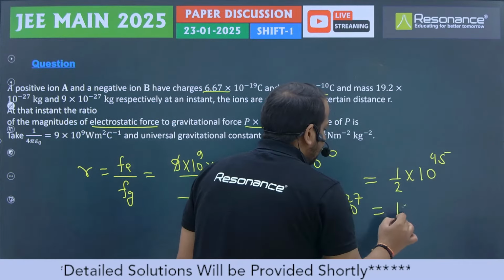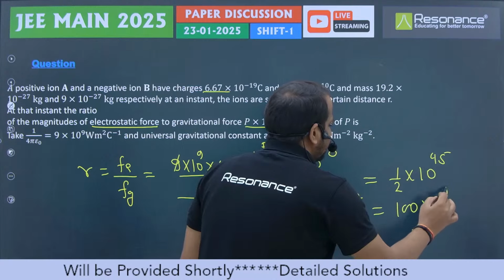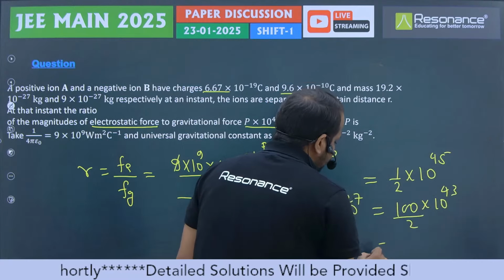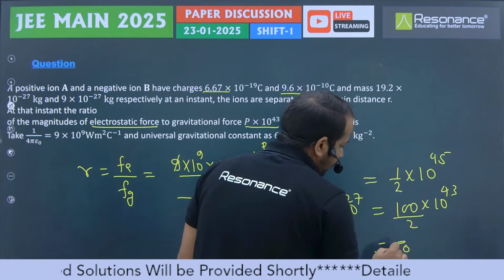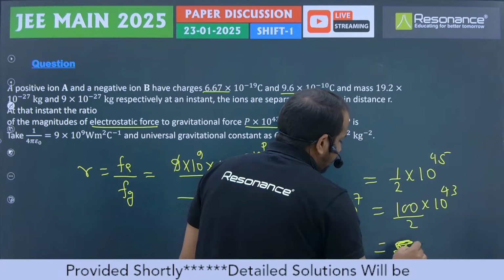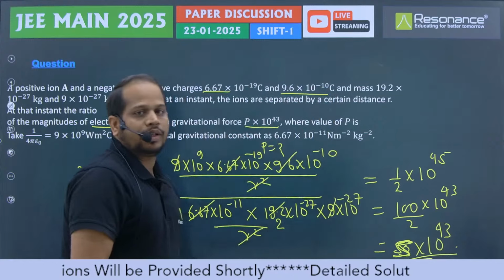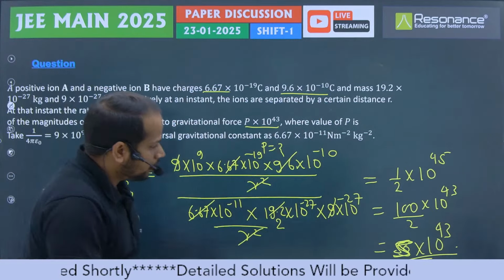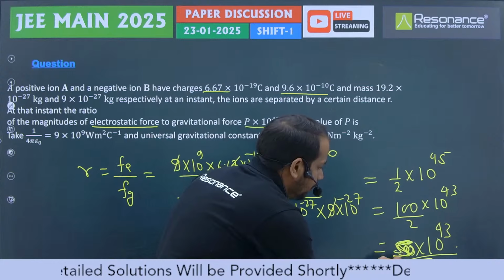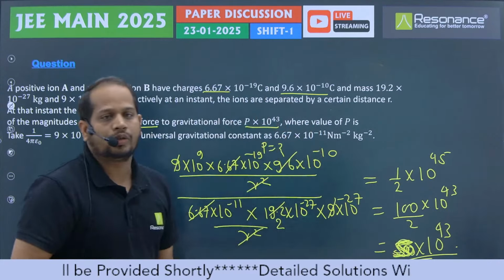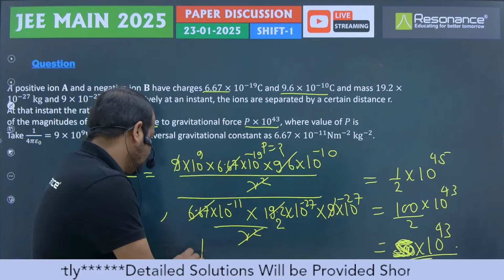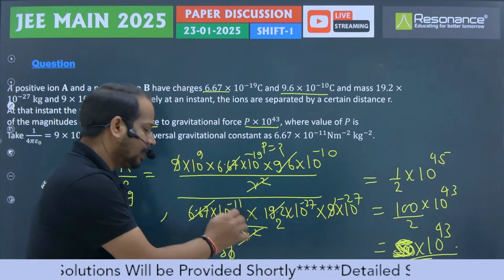So you can write it like 100 into 10 to the power 43 by 2, which is basically 50 into 10 to the power 43. Now you can compare over here. So P is equal to 50, that is the answer.